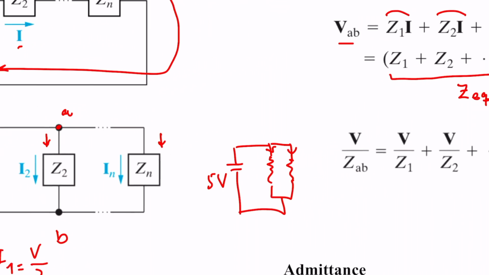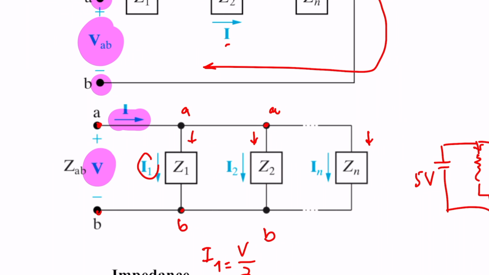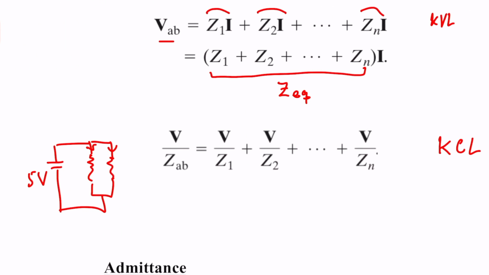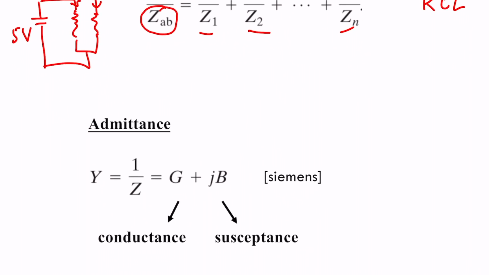So we end up with this expression, and if we move things around, we can get some equivalence of the C in terms of this one. So basically, this is how we can apply Kirchhoff's voltage law and Kirchhoff's current law.